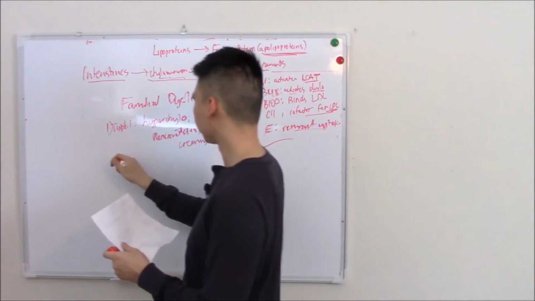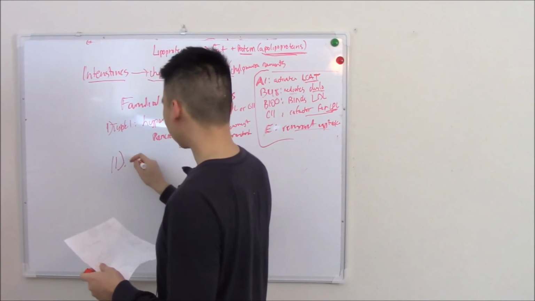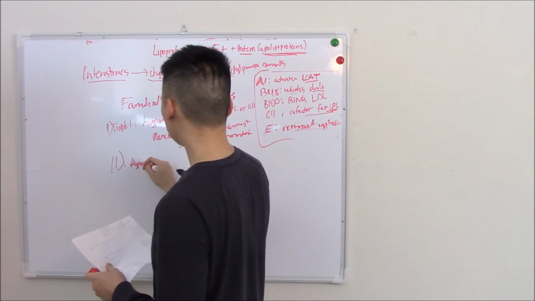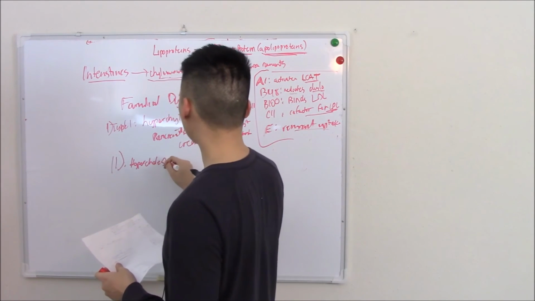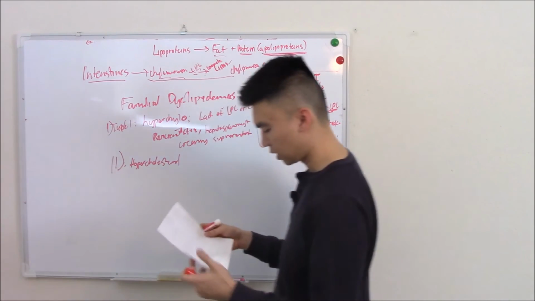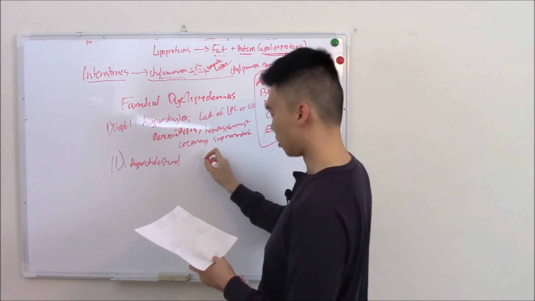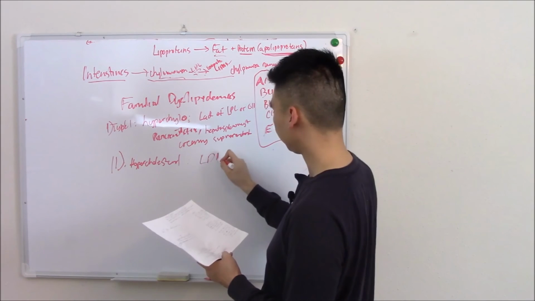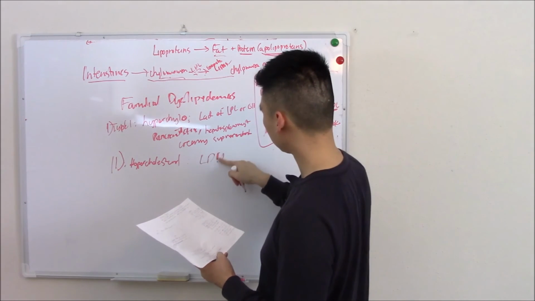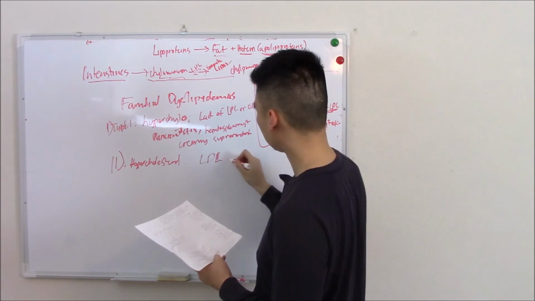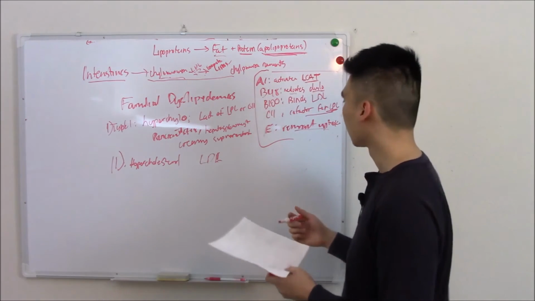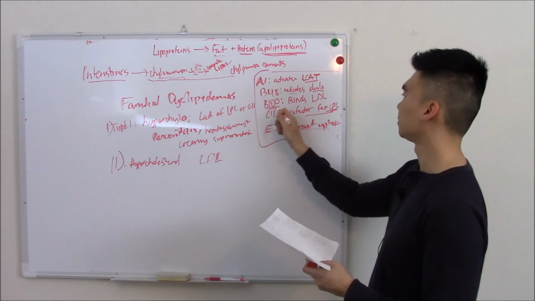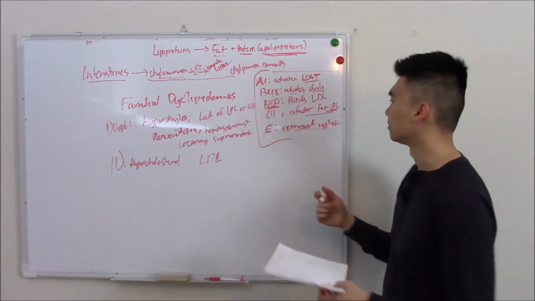Type 2 is hypercholesterolemia. This is a defect in your LDL receptors or the protein for it.